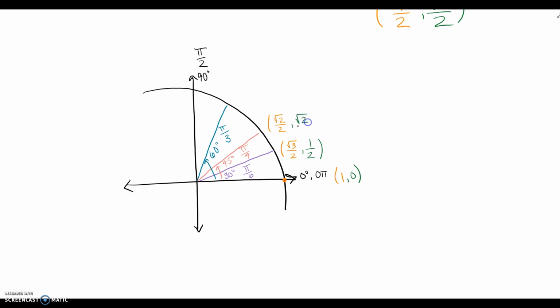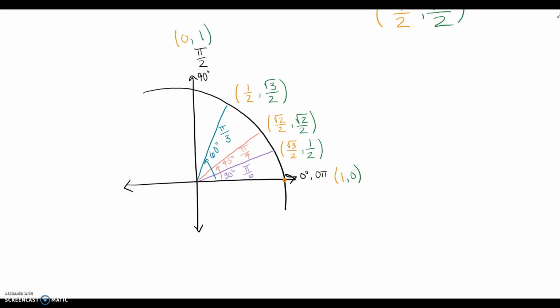And y is also root 2 over 2. So 45 is kind of easy. Then, at 60 degrees, x is 1/2, and y is root 3 over 2. At 90 or pi over 2, x is 0 because we're at the origin, and y, because the radius is 1, is 1.